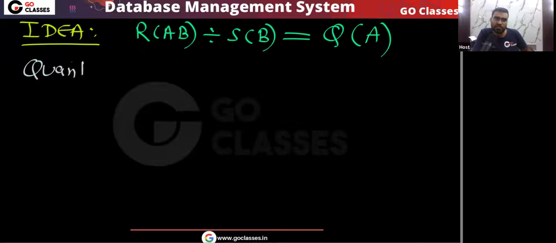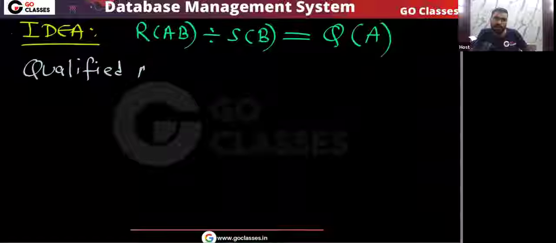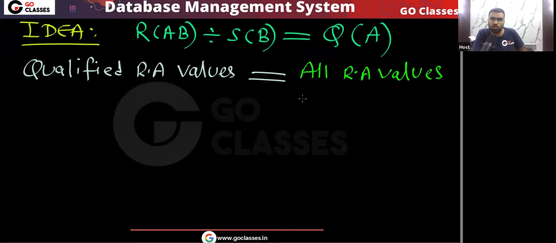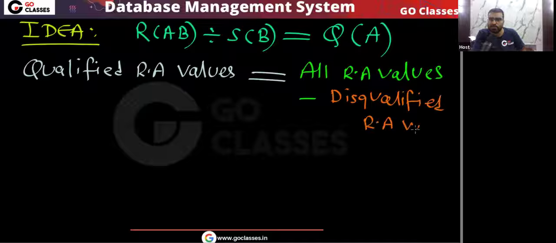Qualified A values is equal to all R.A values minus disqualified R.A values. Yes or no?